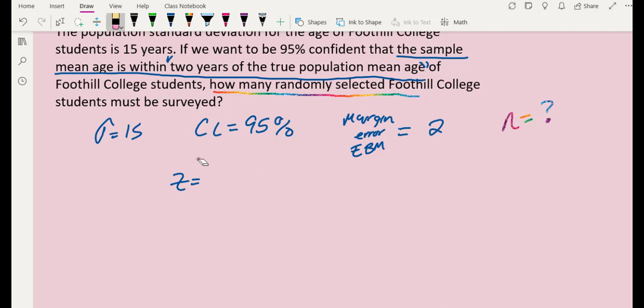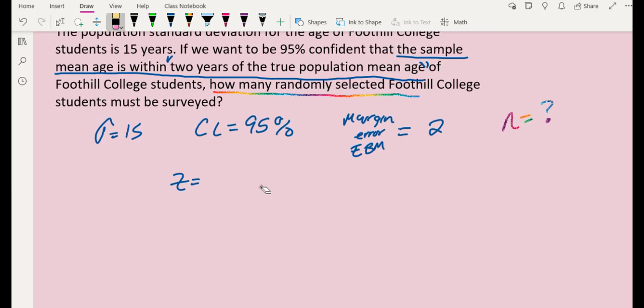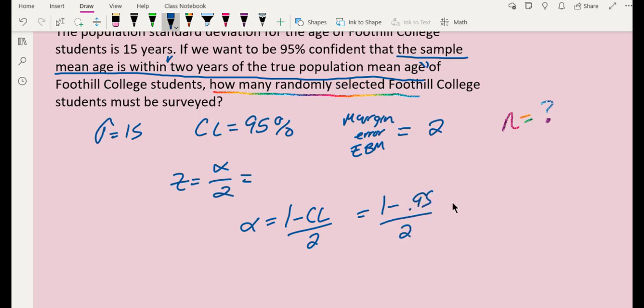Remember that Z has to be this alpha divided by 2. Remember the alpha is really 1 minus the confidence level, and that's how we find this piece of information. So this would be 1 minus 0.95, which gives me 0.05, divided by 2.